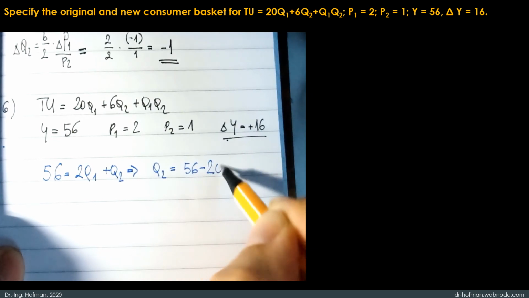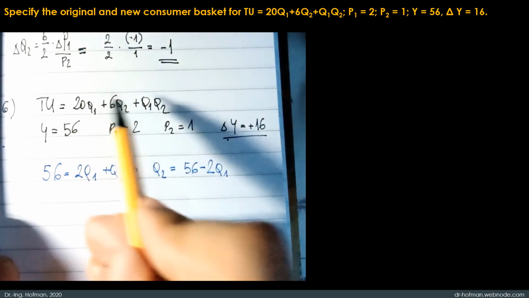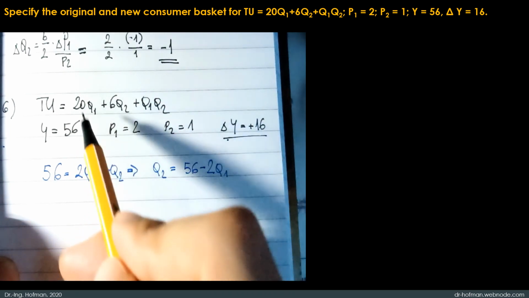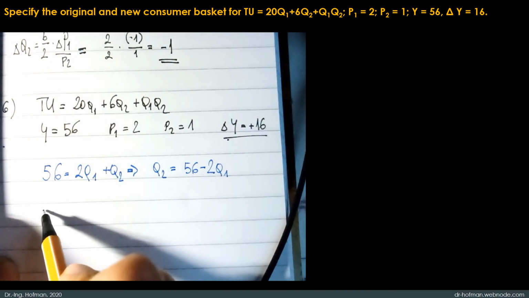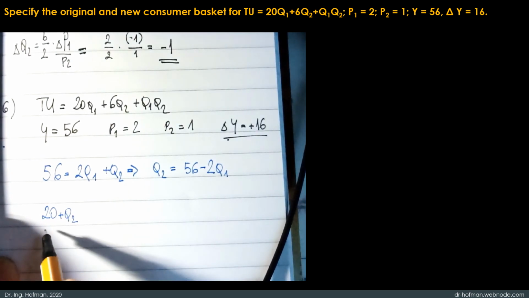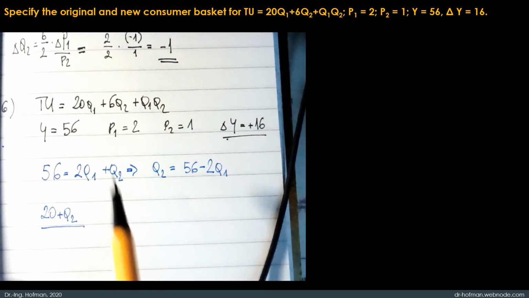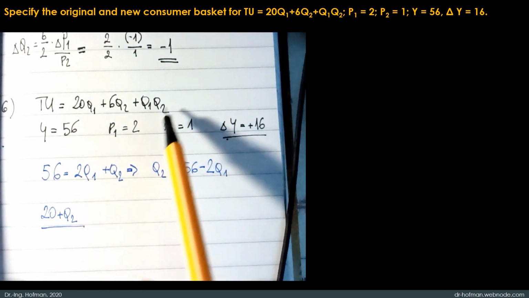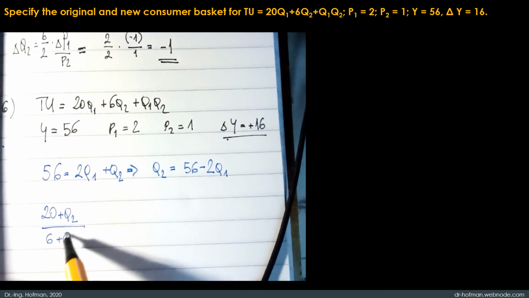From here I can express Q2, which is 56 minus 2Q1. Derive the total utility to get marginal utility 1: derive this according to Q1, that is marginal utility 1 equals 20 plus Q2, over marginal utility 2, which is the derivative of this total utility according to Q2, and this equals 6 plus Q1.